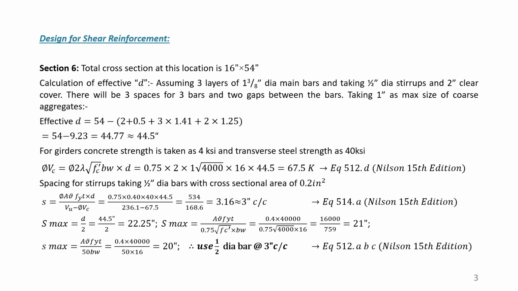And there will be two gaps. Gaps will be for 3 layers of rod, there will be 2 gaps, and each gap we must keep as 1.25. How is it?